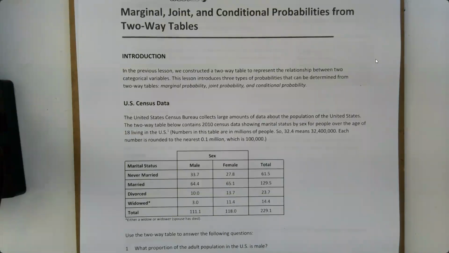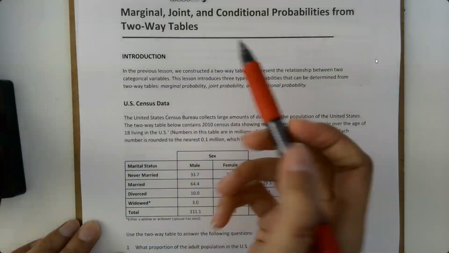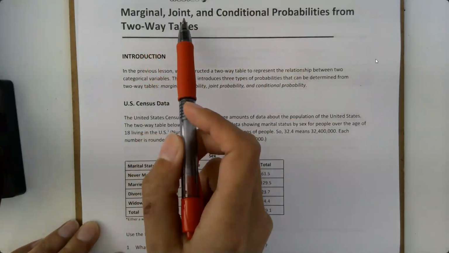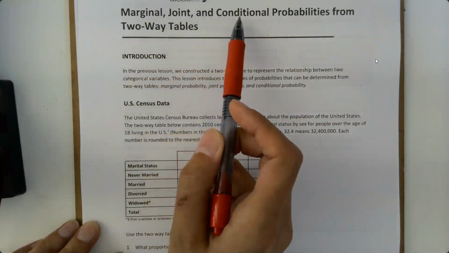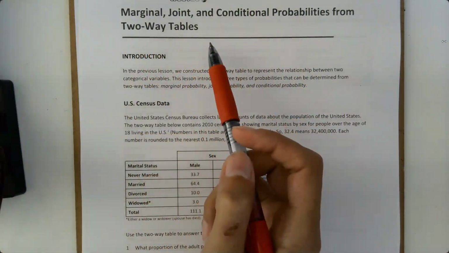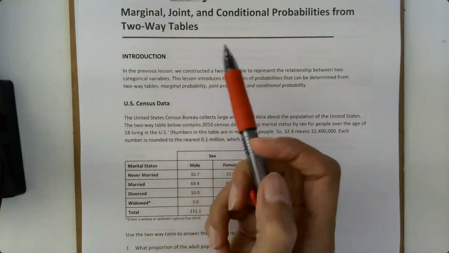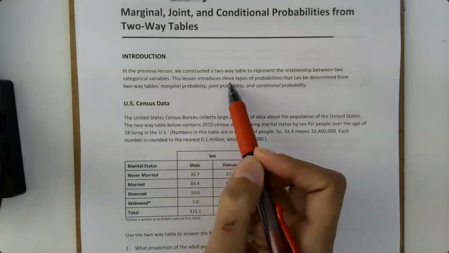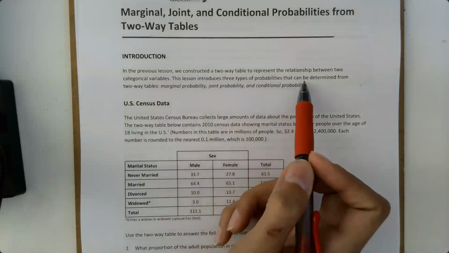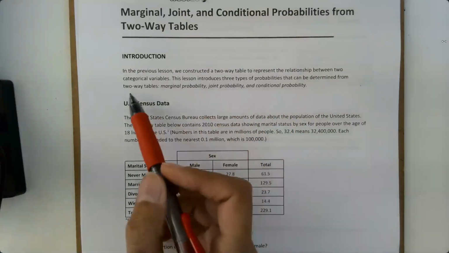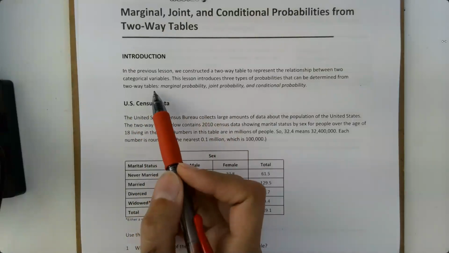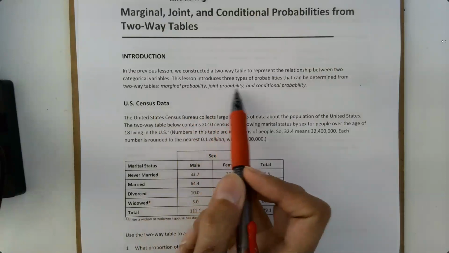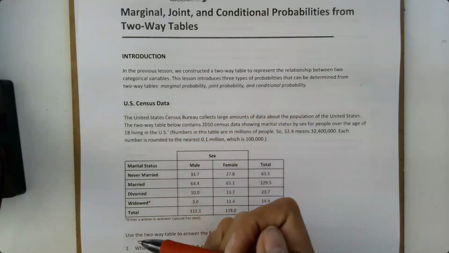Well, today we're going to talk about different types of probabilities: marginal, joint, and conditional. This lesson introduces 3 types of probabilities that can be determined from two-way tables: marginal probability, joint probability, and conditional probability.